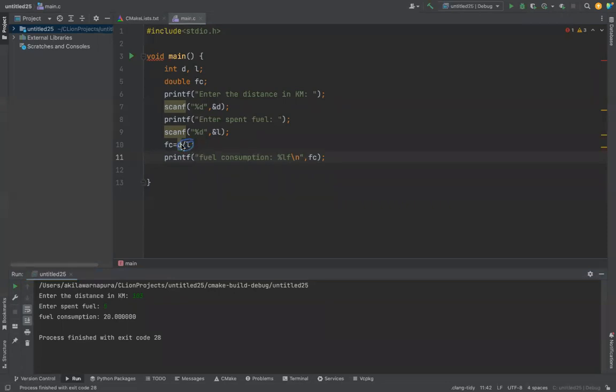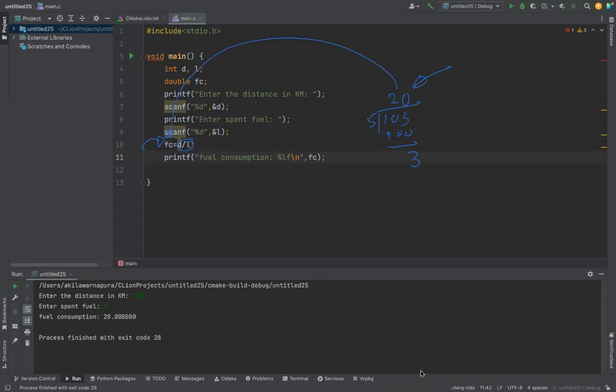So when you divide 103 divided by 5, it is 20, that means 100. So the remainder is 3. So you will only get this 20 for this FC value. The 20 will be assigned to the FC because this is integer division.